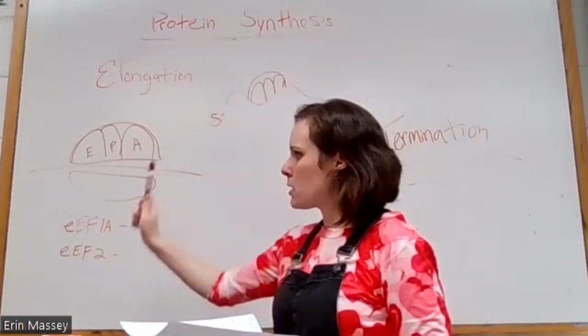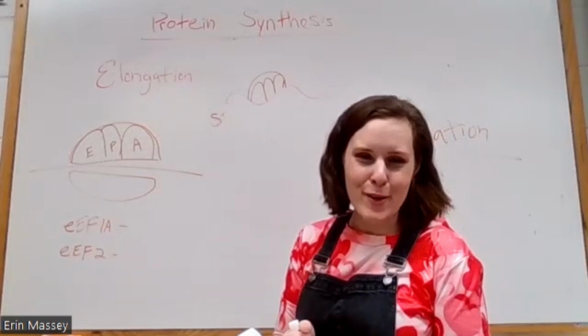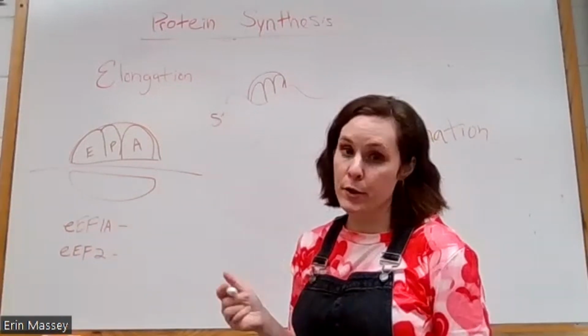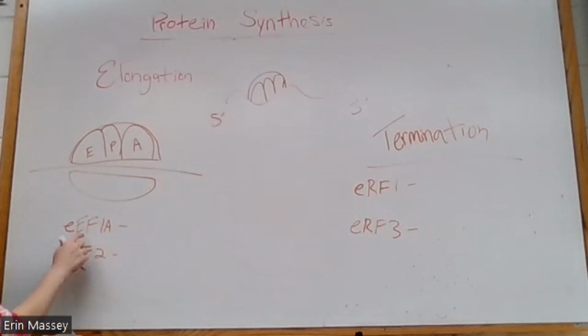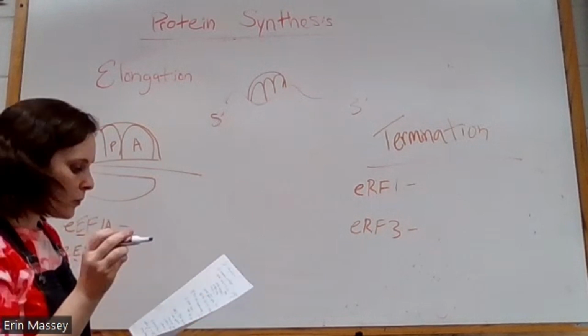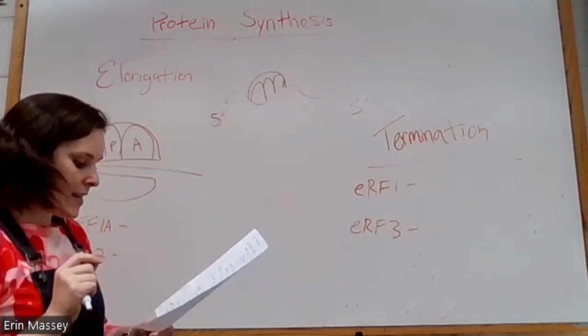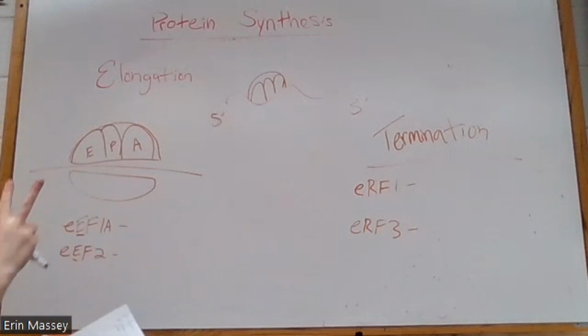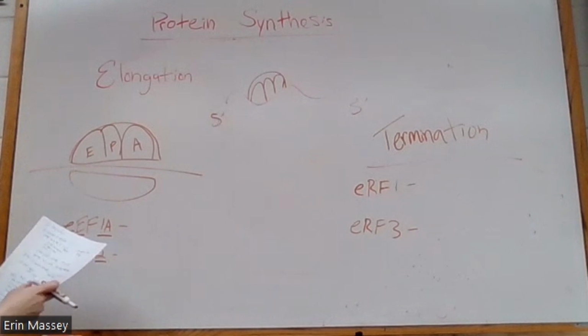So how is this process going to actually be helped along with more helpers, more factors, but these factors are not initiation factors, they are elongation factors. So there's two that we need to know. There's the elongation factor 1A and elongation factor 2. So 1A and 2.